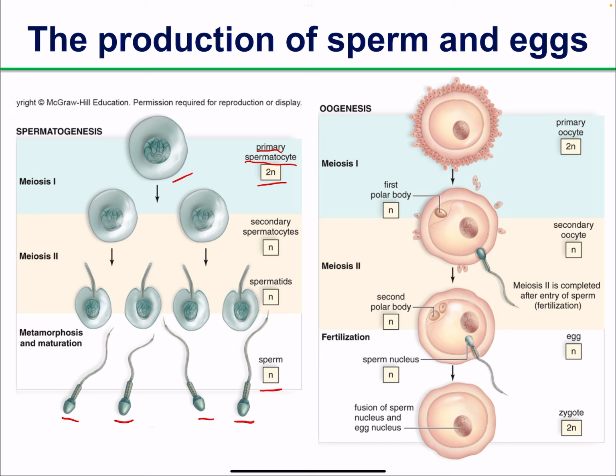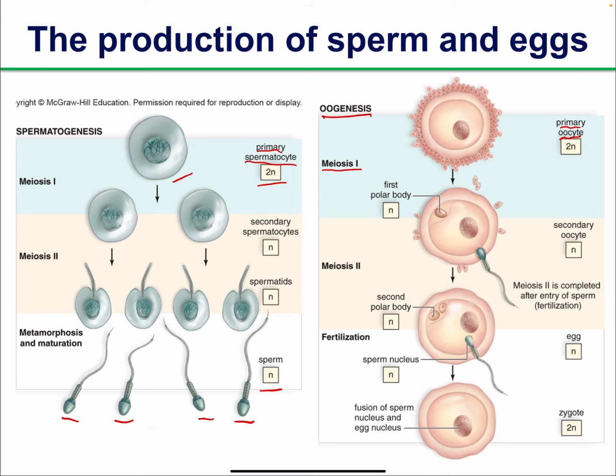Now, how about oogenesis or egg formation? The primary oocytes that are produced before birth are actually stopped at a particular stage of meiosis.